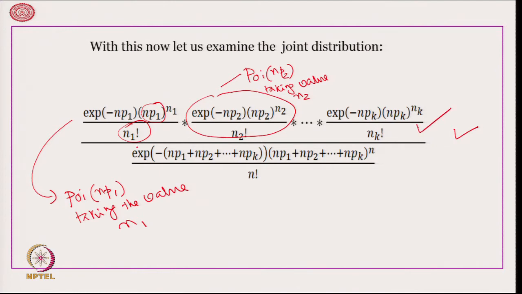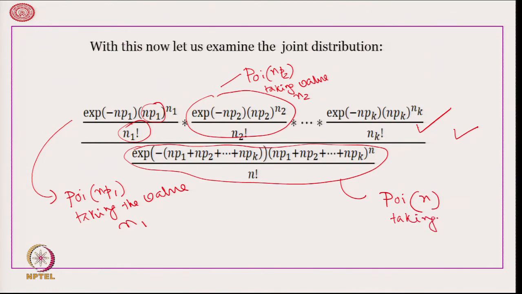And in the denominator we have a Poisson random variable with parameter np1 plus np2 plus npk, that means a Poisson random variable with parameter n taking the value n.